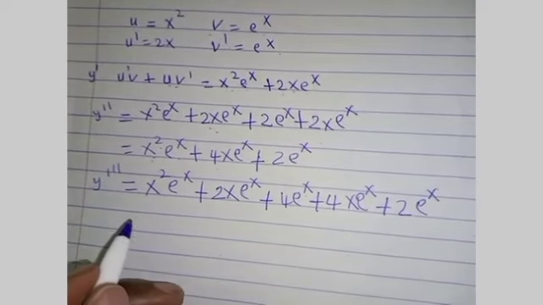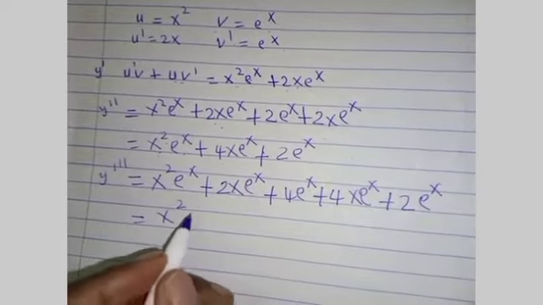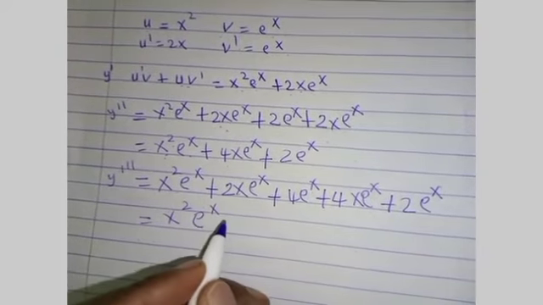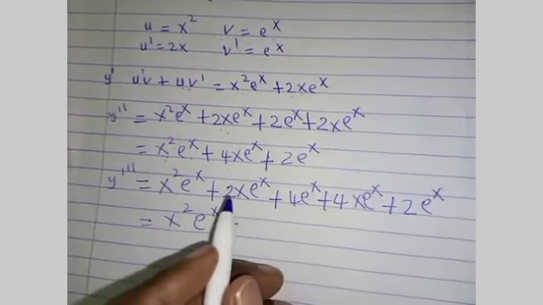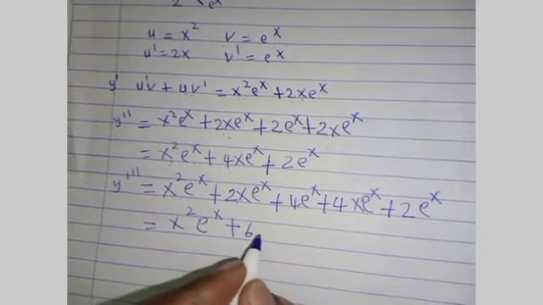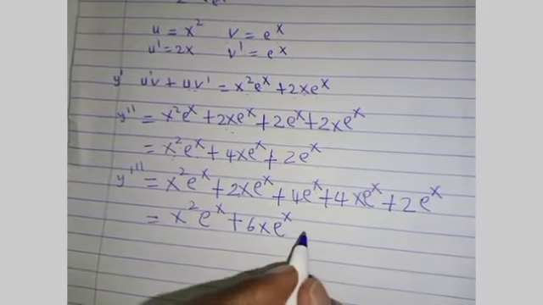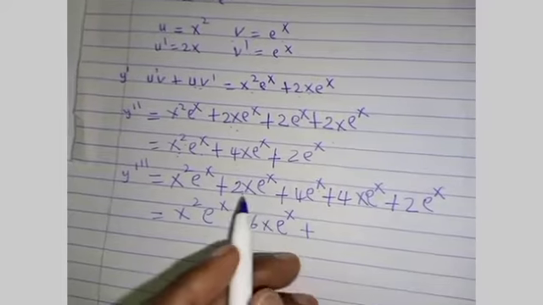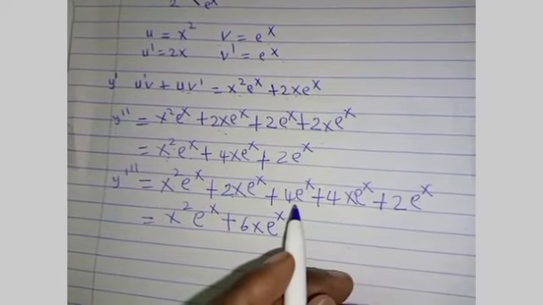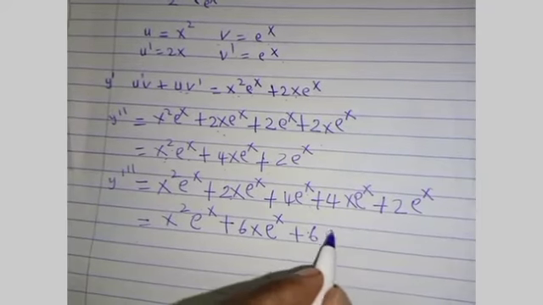Let us see whether we have some like terms. Yes, we have x squared exponential x, plus we have 2x and 4x here, so we can combine them to get 6x exponential x, plus we have 4 exponential x and 2 exponential x, so we get 6 exponential x.